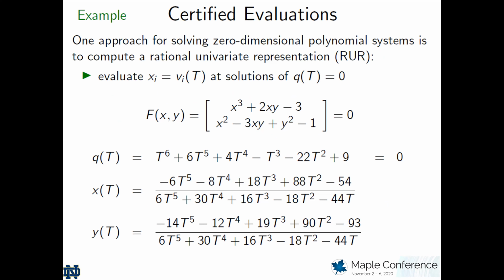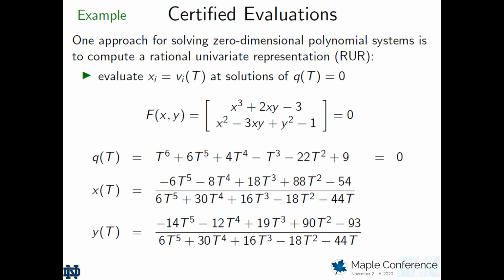So we can apply this method to zero-dimensional polynomial systems. One way is to compute what's called a rational univariate representation. What that does is compute a univariate polynomial q and then evaluate rational functions that give you the coordinates. So for example, here are two polynomials in two variables.